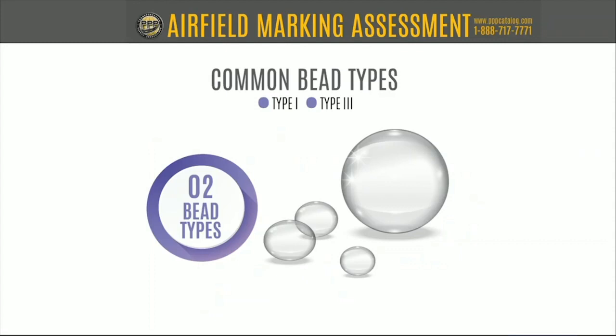And that's compared to a type 3, which is from a cleaner, clearer virgin glass. So that's one of the advantages. Your type 3s are going to be much cleaner and clearer usually than your type 1s. Also, type 1s have lower retroreflectivity levels than that of type 3 and don't perform very well when they're wet.